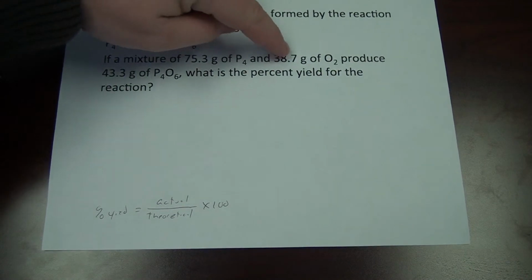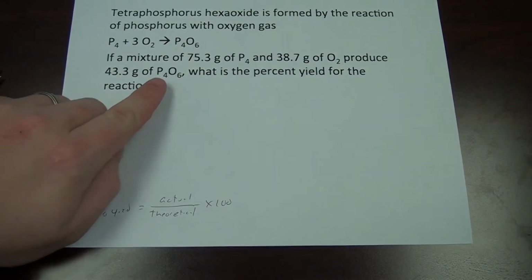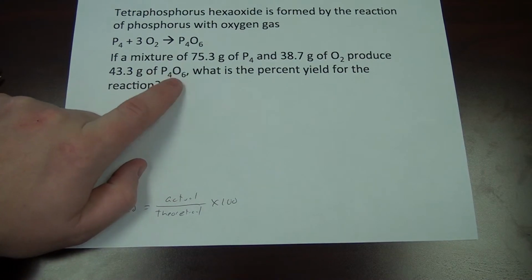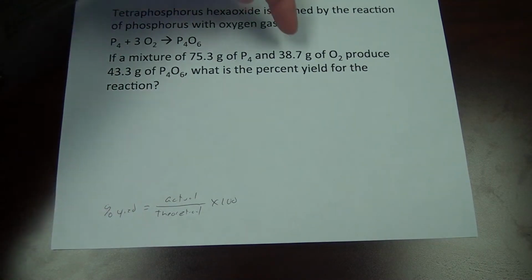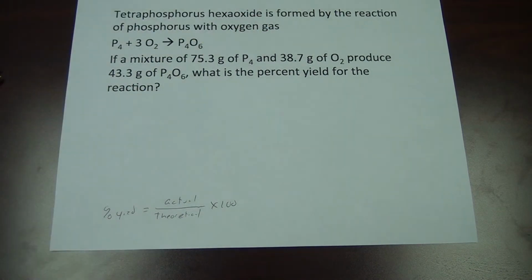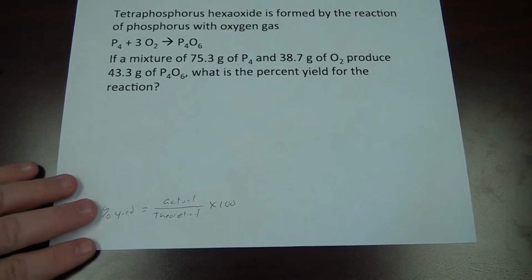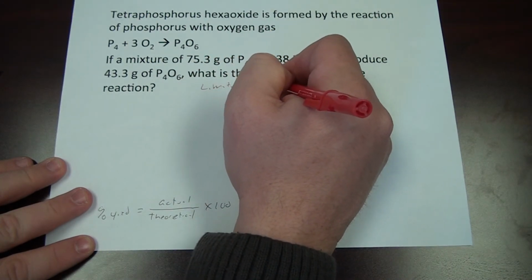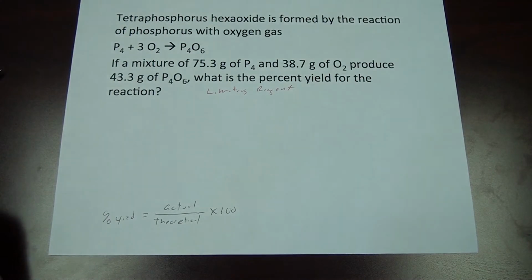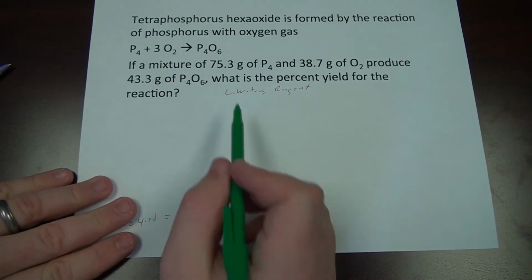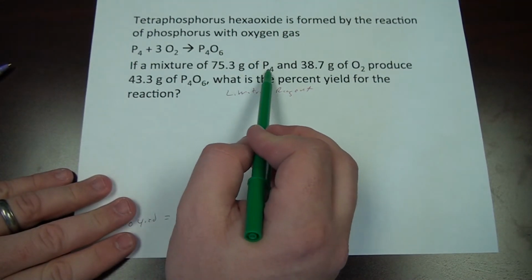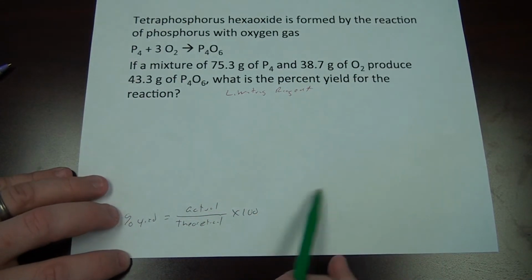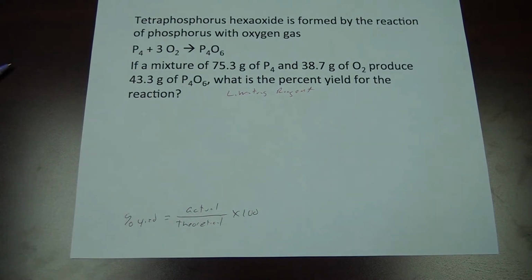Based on these two values, what amount of tetraphosphorus hexaoxide should be formed? Again, we're given the 2 reactants, so this is a limiting reagent problem again. And we're going to attack it just like we have the previous examples, where we solve for how much can this form, how much can this form. The smaller amount is the amount that's actually going to be formed, which is our theoretical yield.